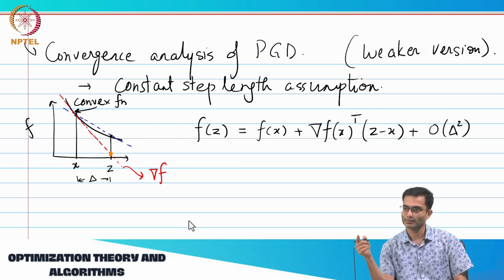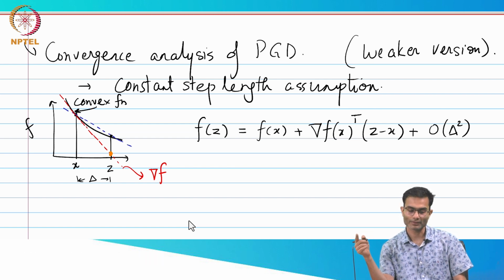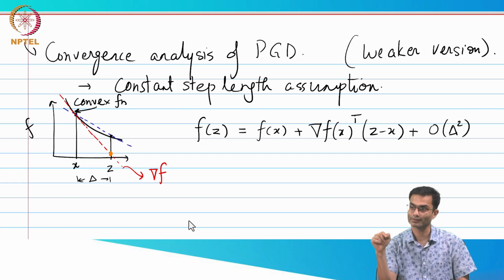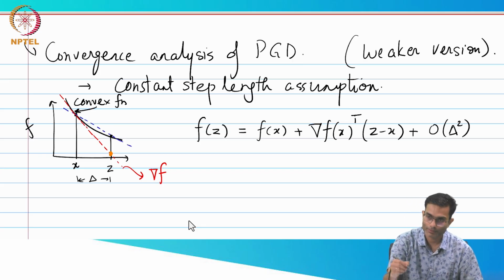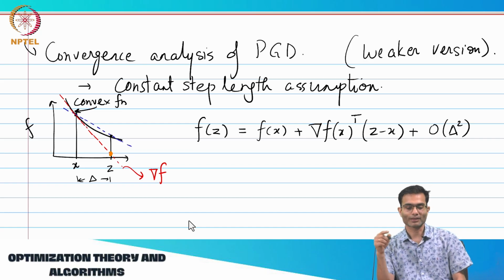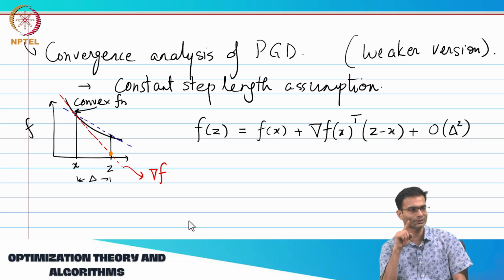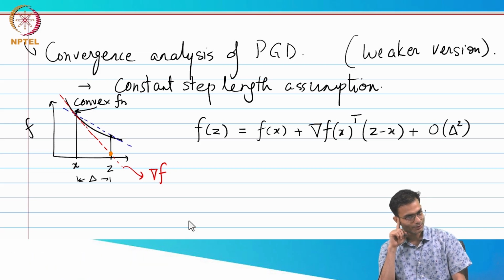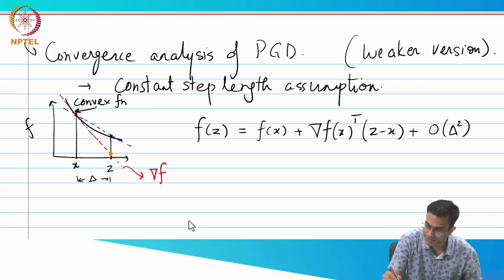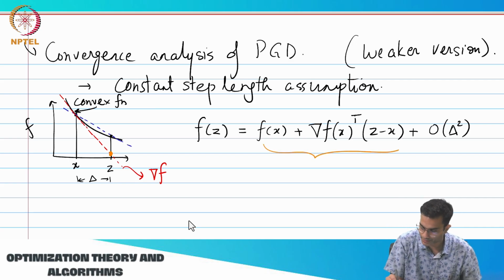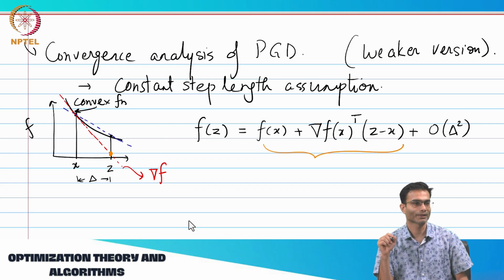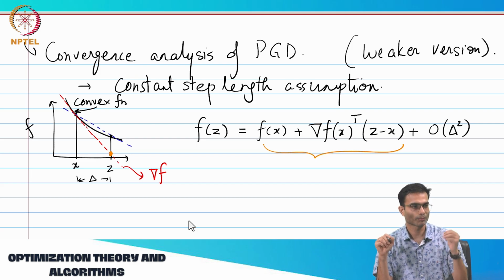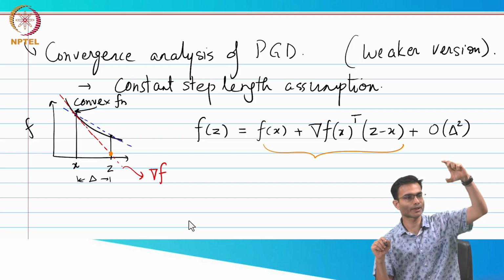Grad f of z? No, grad f of z would be the tangent at the point z. Grad f of x into delta. Are we missing something? Actually, this point that I've written over here is this whole thing: this tangent plus f of x. I have to move that tangent up.